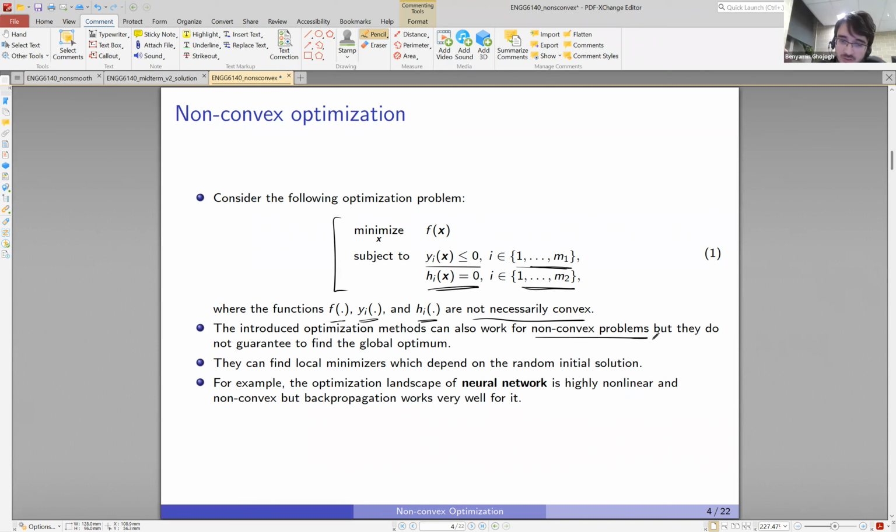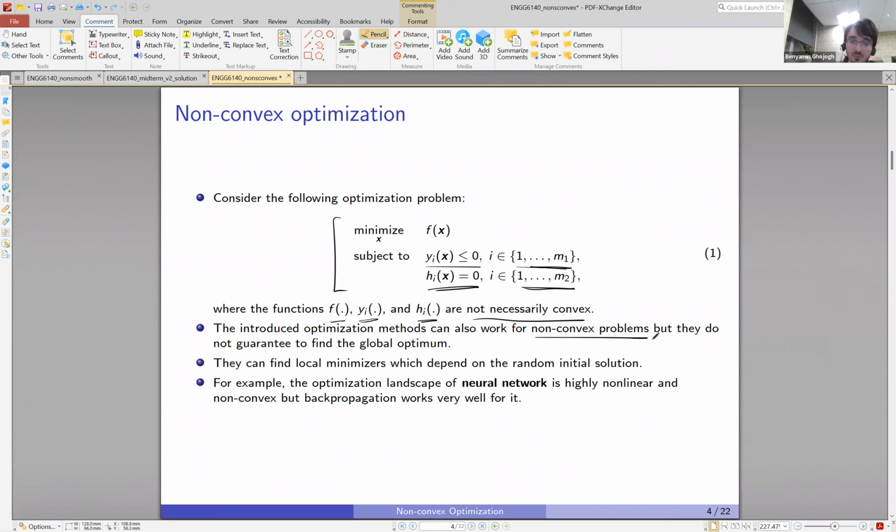But maybe in a problem, the local minimum or local maximum is not good, and you should absolutely find the global optimum. Then in those cases, maybe the convex optimization methods don't work well for non-convex problems, because they will find a local optimum, and that local optimum might not be good enough. But in those applications where a local optimum is good enough, then we can say the convex methods work well enough for non-convex problems, because the local optima are good enough.